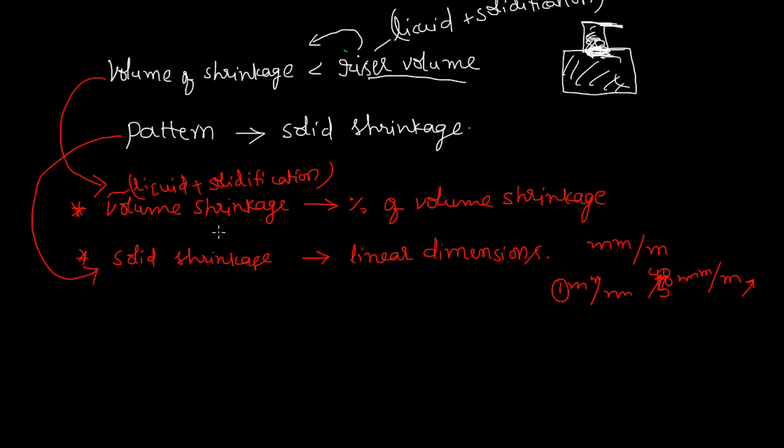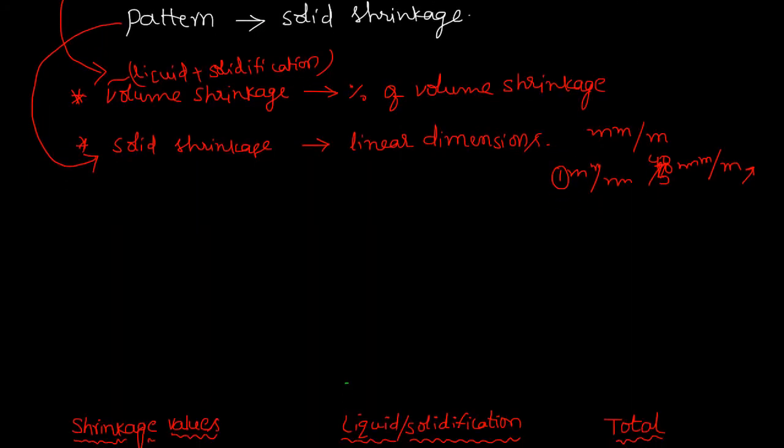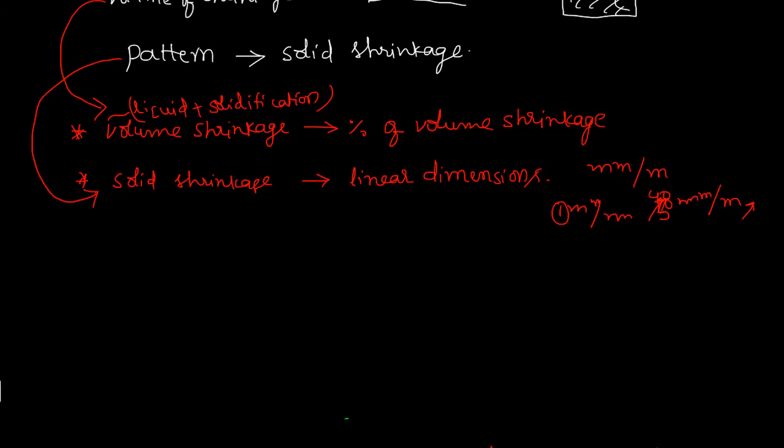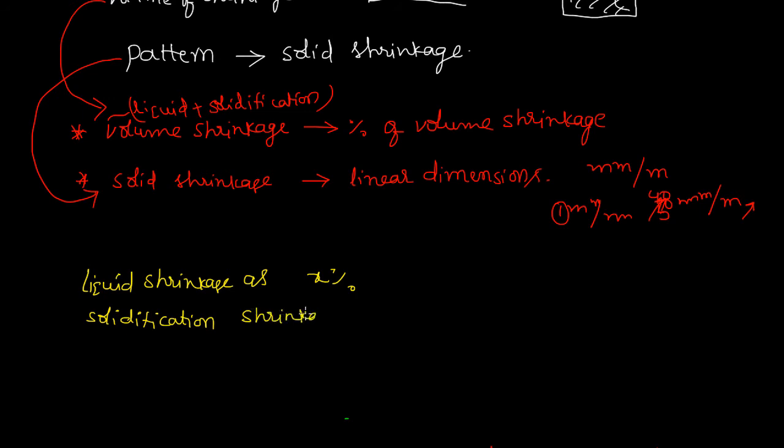Okay, for example, I have given values of, let us assume, liquid shrinkage as X%, solidification shrinkage as Y%, and solid shrinkage as Z%.